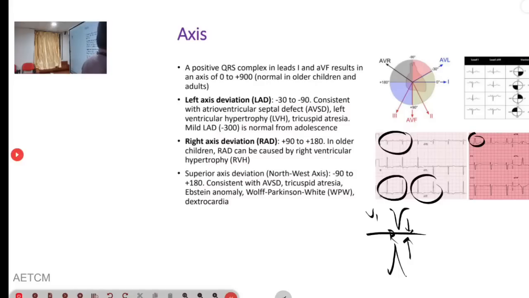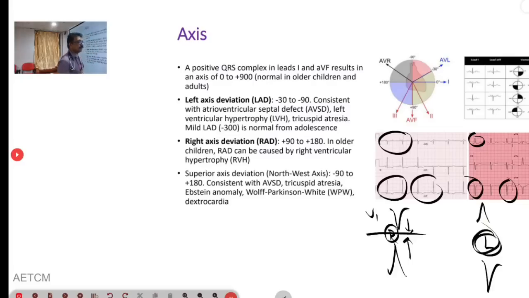Here you see lead 1 is positive and lead 3 is negative, leaving away from the center, that is left axis. This is the simplest way to understand whether the axis of the heart is turned right or left. Reaching towards the center is right axis. Leaving away from the center is left axis. So here you can see, that is left axis.